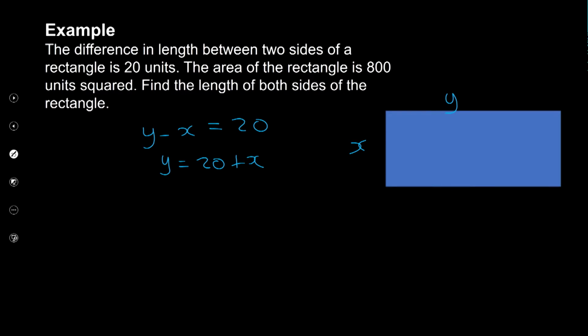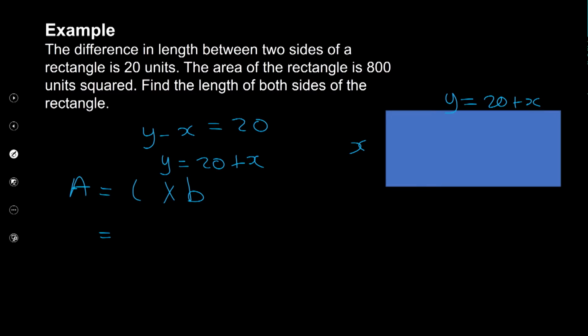Why am I doing this? It's because, remember, the area of a rectangle is length multiplied by breadth, right? So my length here will be the longest side, which I said was y. So y is the 20 plus the x as I've just solved it, and then I still have my x there.